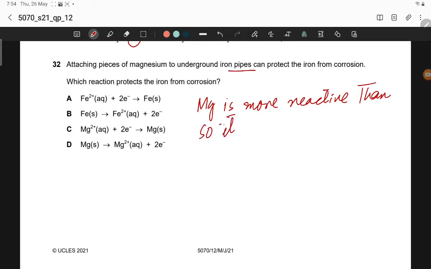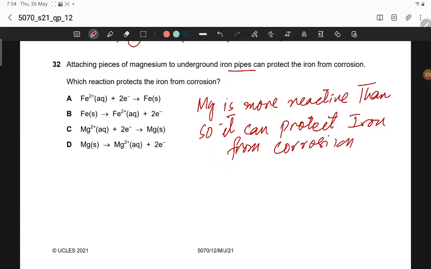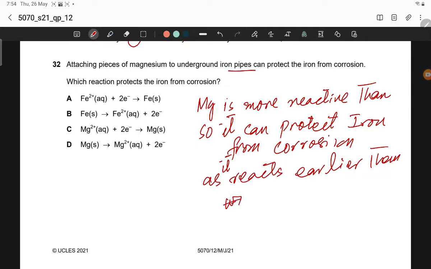So it can protect iron from corrosion as it reacts earlier than iron with moist air.